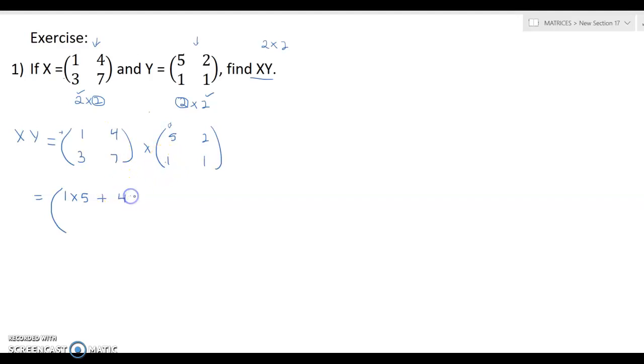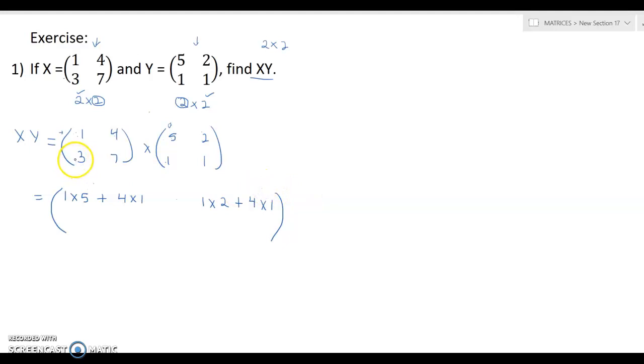So that's 4 by 1. So that was first row, first column. Now we're going to look at first row, second column. So make sure you leave a space. So we're going to say 1 by the first number here, 1 by 2, plus 4 by the second number, which is 1. Right? And so that was first row, first column, first row, second column.